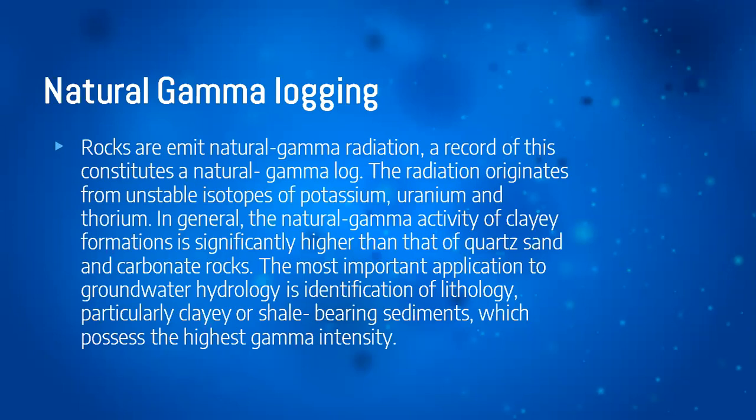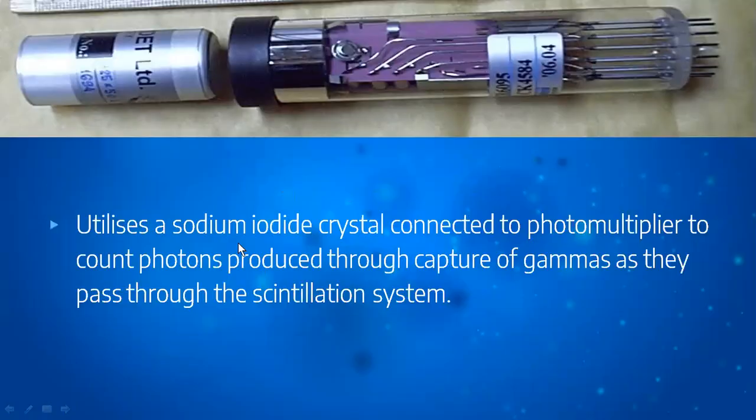That is important. The most important application to groundwater hydrology is identification of lithology, particularly clay or shale bearing sediments, which possess the highest gamma intensity. See here is one of the probes.